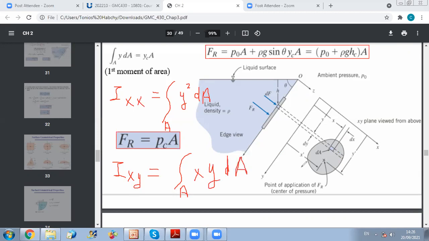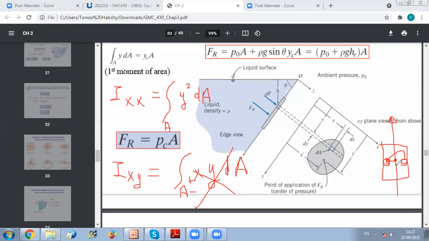So imagine you have any surface, and if Y is an axis of symmetry, for example, then for any level y, if I take an element with a certain x, I will find a symmetrical element with a negative x. So each element will have another one that cancels it, because one has positive x and one has negative x. When you add them, they cancel out.